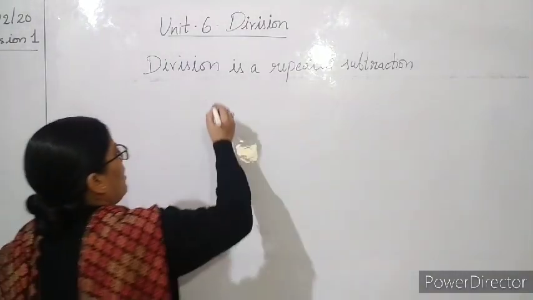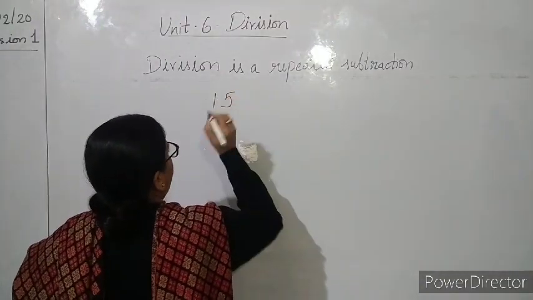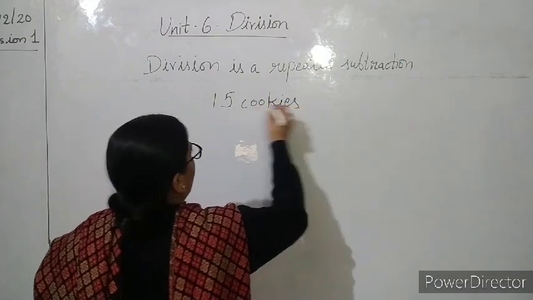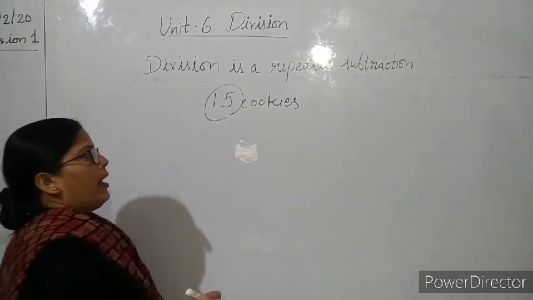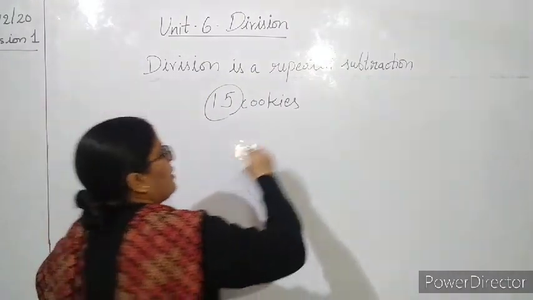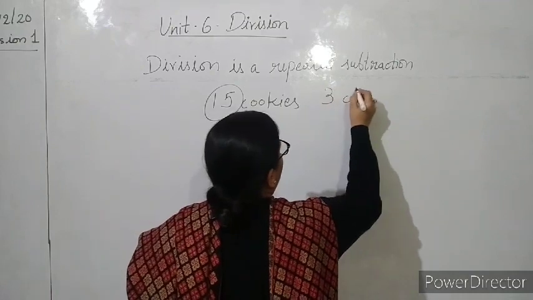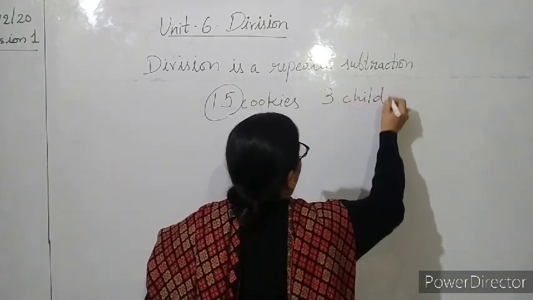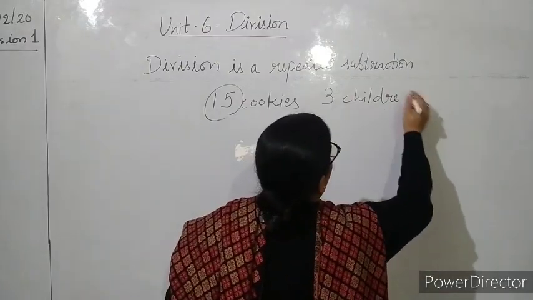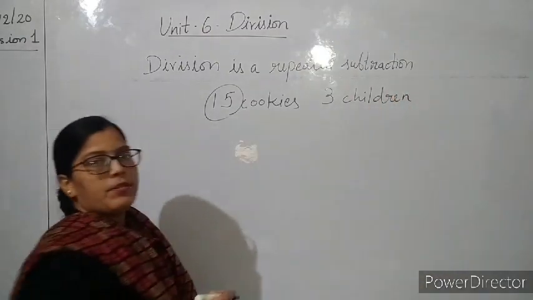Suppose there are 15 cookies, and these cookies are to be divided among 3 children. So what will be the division fact?